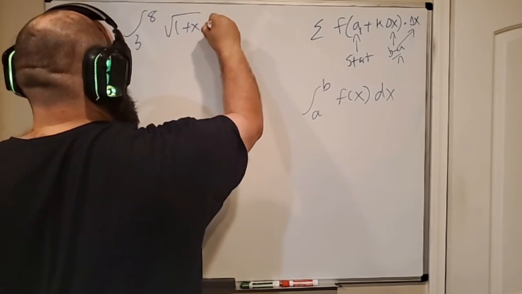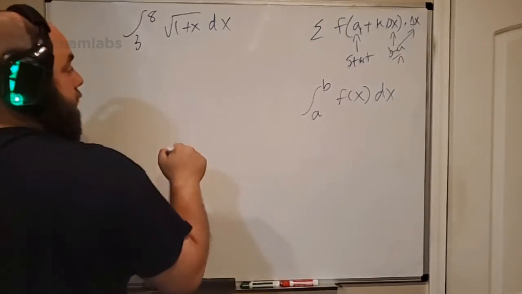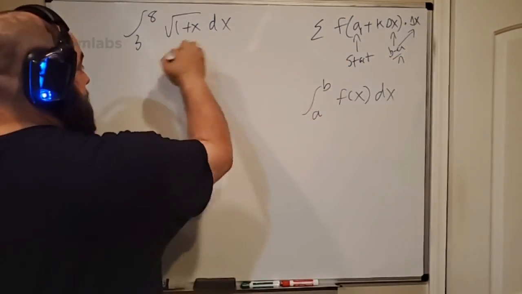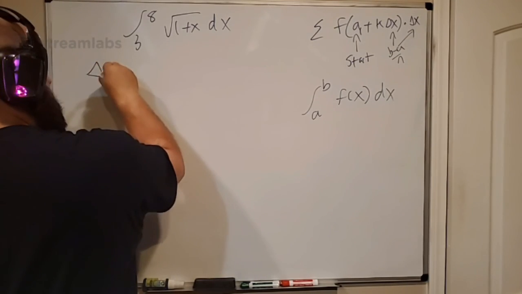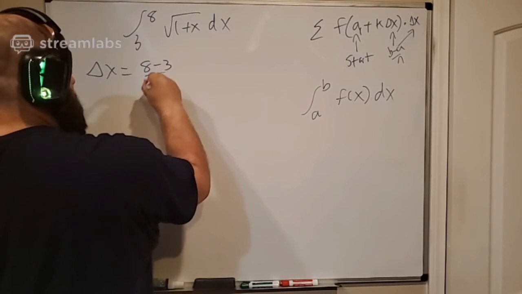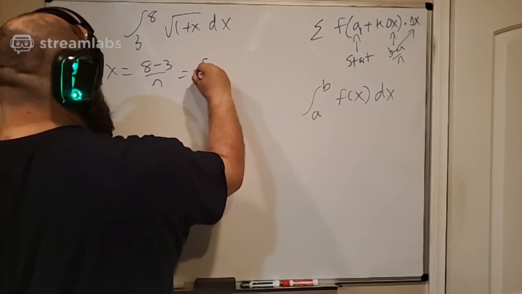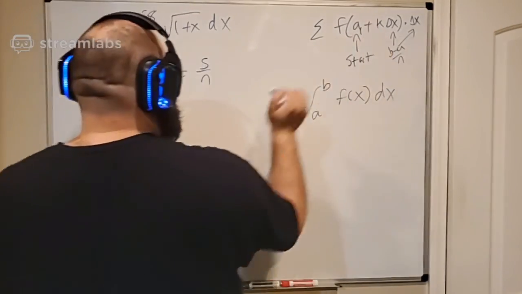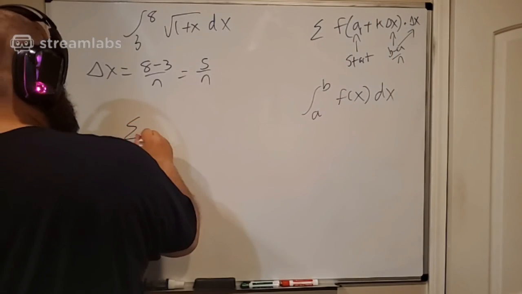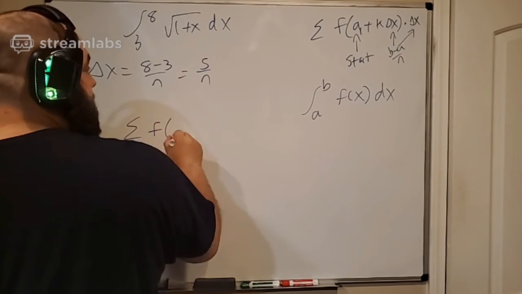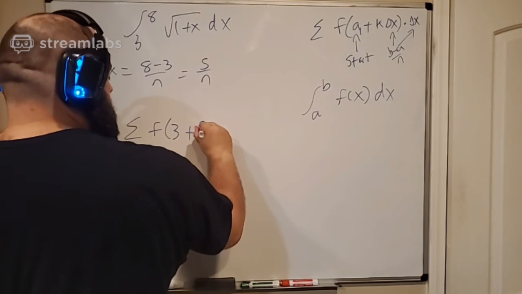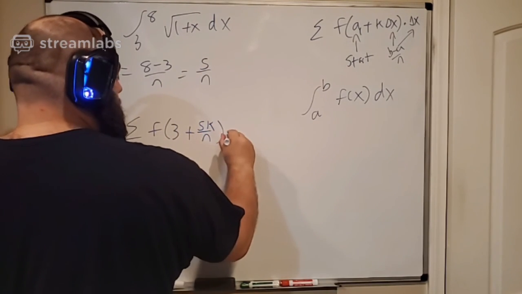So we've got to figure out what our starting value is, our b minus a, and stuff like that. That's no problem. So delta x is very easily 8 minus 3 over n, so 5 over n. When I go to plug in to my function, remember, since we want the summation, it's going to be f of our starting value, so 3 plus 5k over n, times 5 over n.